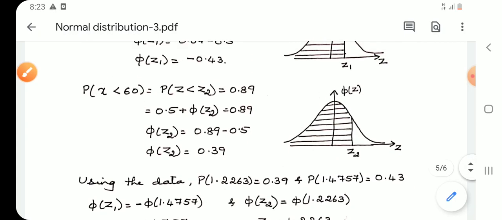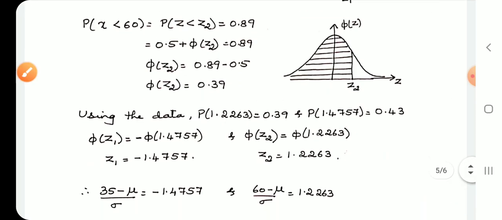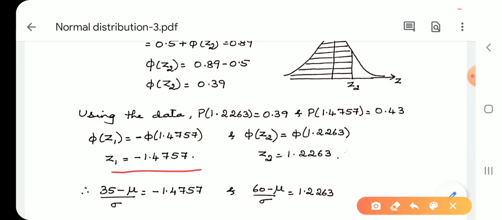So 0.43 is here. Phi of z1 is equal to, instead of minus I will keep as it is, instead of 0.43 I will write phi of 1.4757. Therefore the corresponding value of z1 is minus 1.4757.